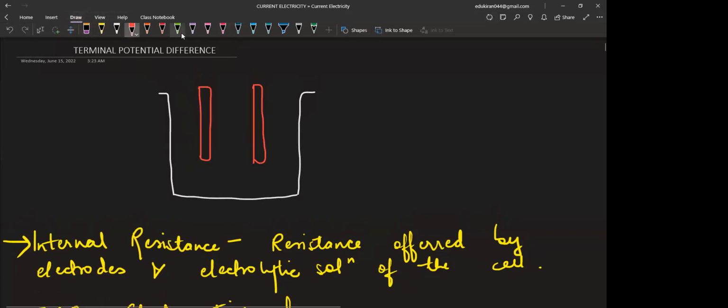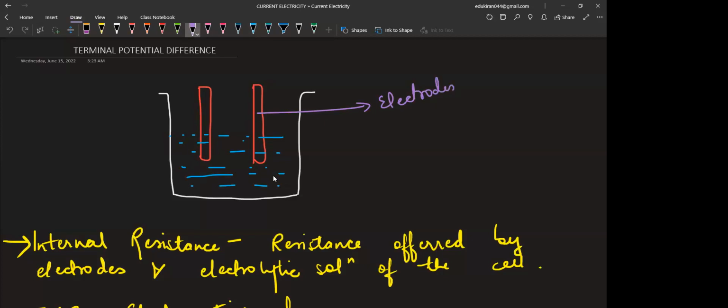Within this, there is an electrolytic solution which is present here. So these are the electrodes, and this is the electrolytic solution.